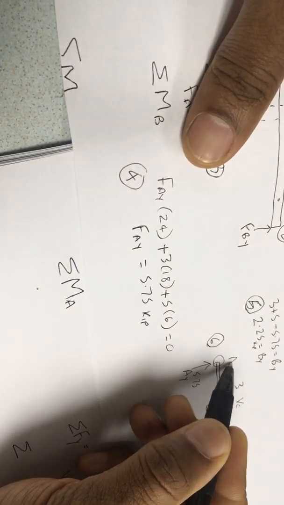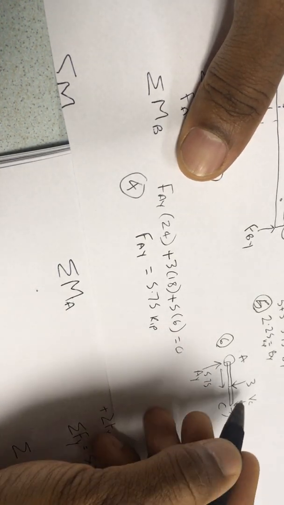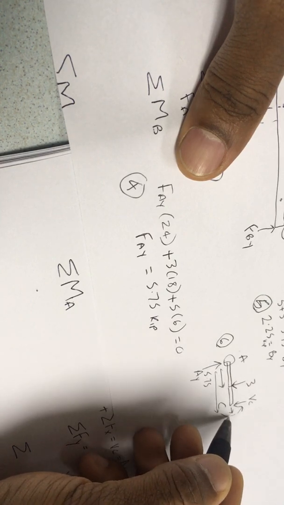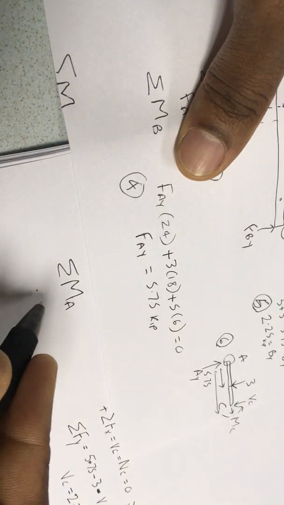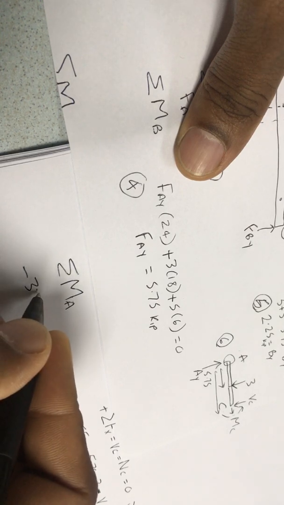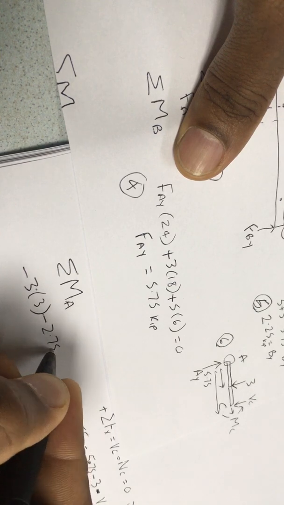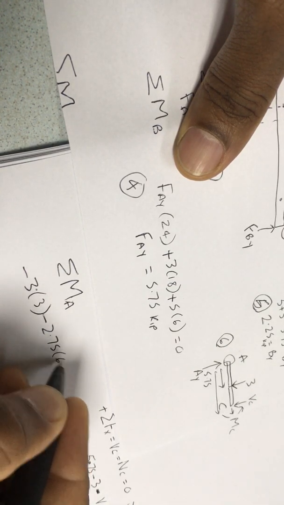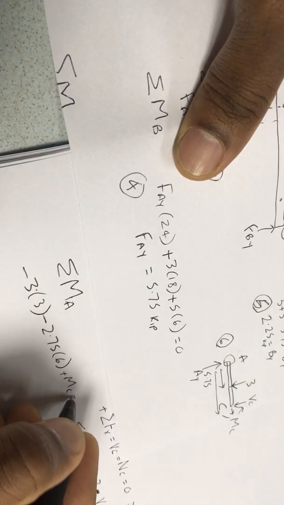Right there, you have A. You have this component. You also have the shear force component plus the reaction component, MC, right? So 3 times this distance, we can just call that -3 times 3, -2.75 times 6 plus MC would give us a nice 0.